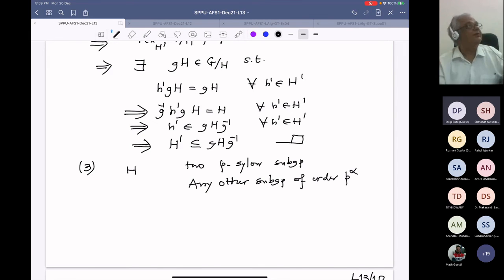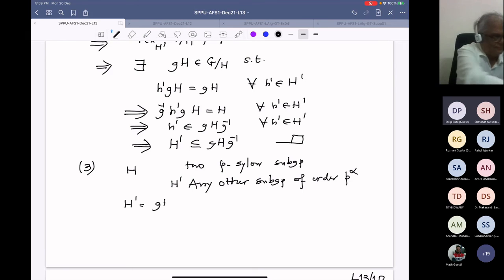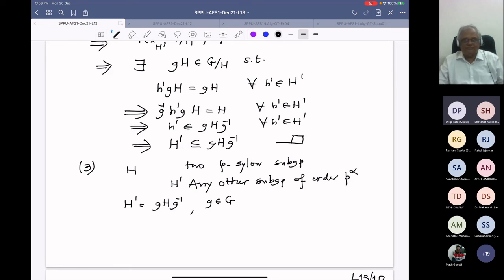I know by 2 they are conjugates. So if you call it H prime, then H prime is the conjugate of H by G in G. We have proved in 2 that H prime is contained in the conjugate, but now H prime also has the same cardinality, so equality here. So this is by 2.